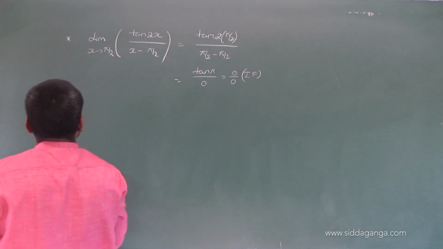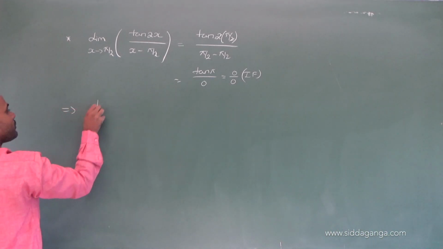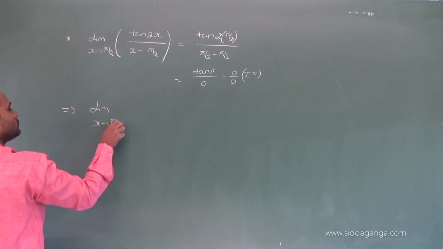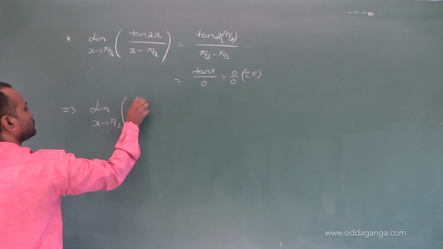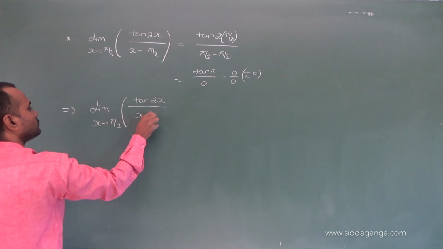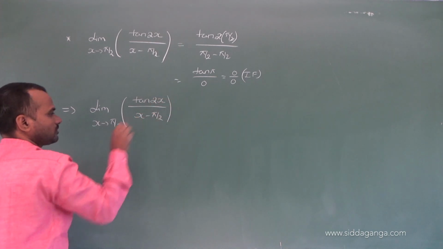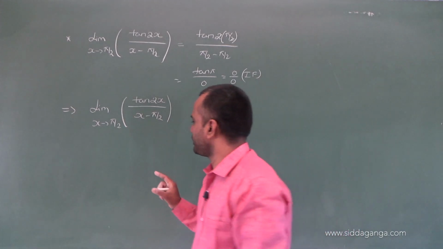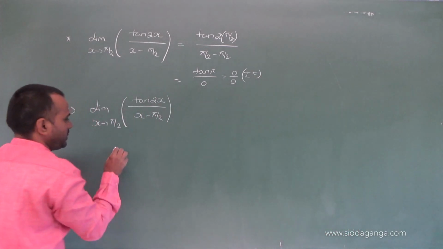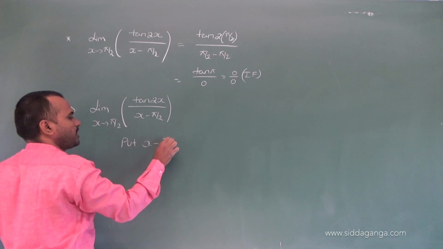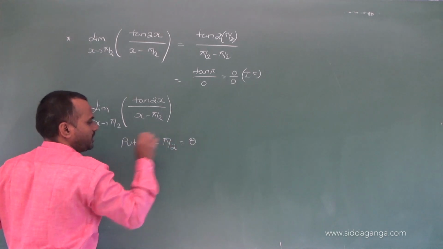What we do? We write once again. We solve this by the substitution method. Put x minus pi by 2 equal to theta.